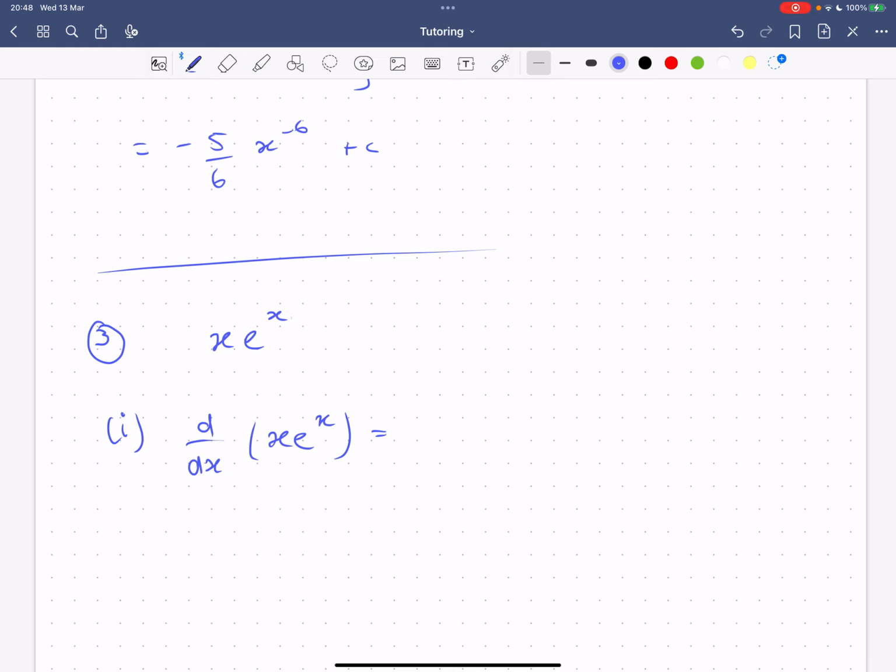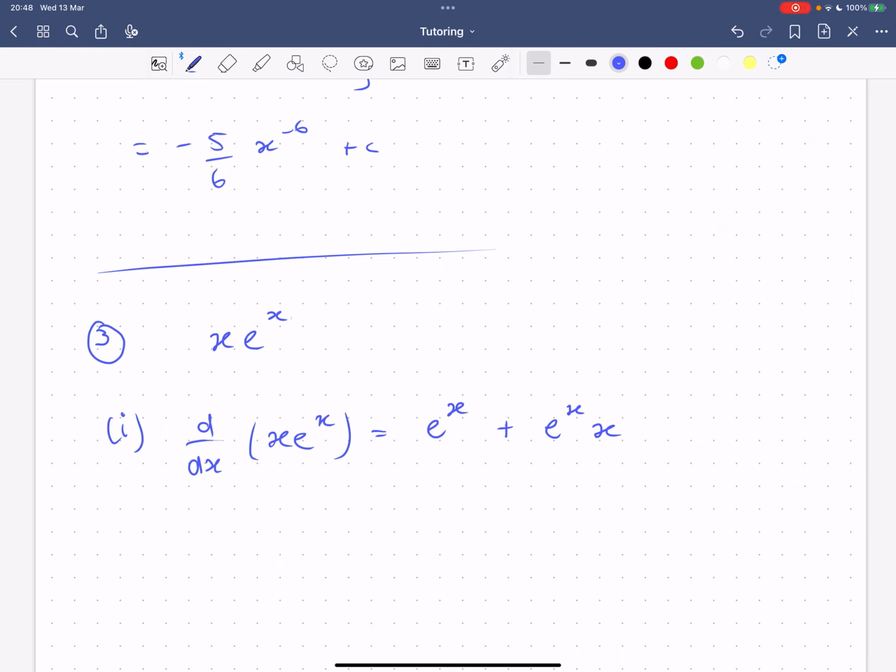So we differentiate x and we get 1. Times that by the second thing, so 1 times e to the x. And we differentiate the second thing. If you differentiate e to the x, you get e to the x. So it's e to the x times x.